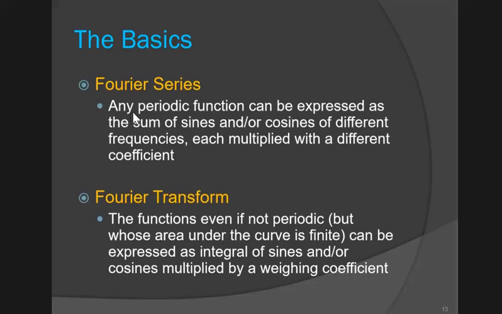So it says that any periodic function can be expressed as the sum of sines and/or cosines of different frequencies, each multiplied with different coefficients. Similar to that, in Fourier transform we have a function, and even if it is not periodic, it can be expressed as the integral of sines and/or cosines multiplied by a weighing coefficient.